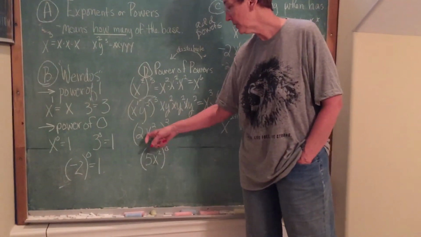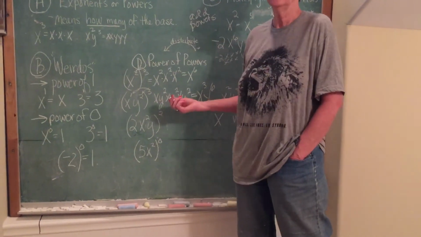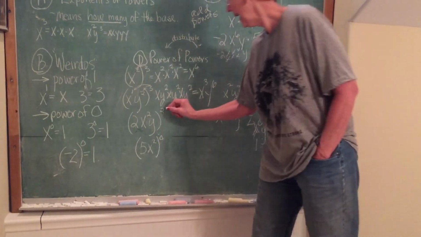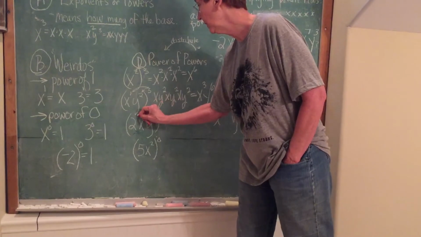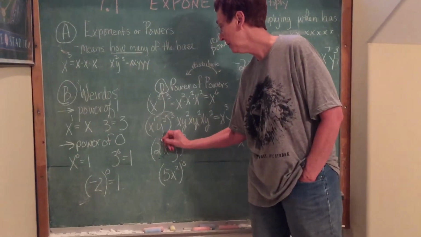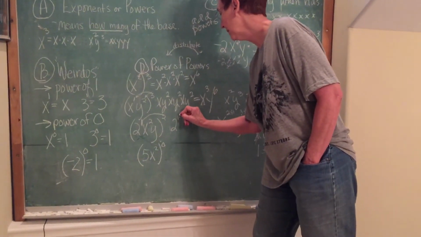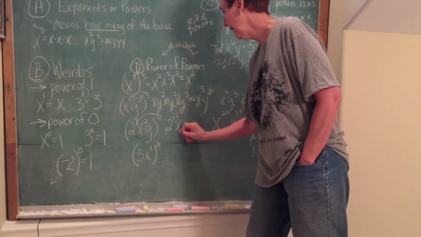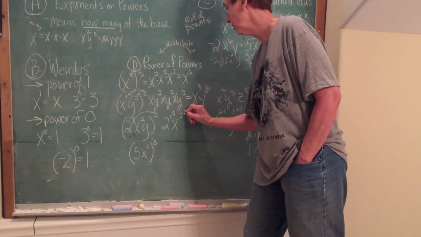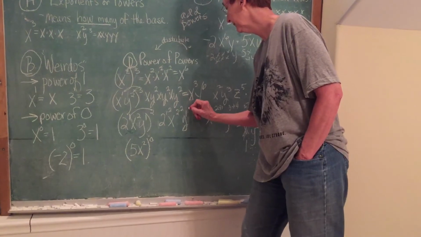If I have 2x squared y, all in parentheses to the 2nd power, let's try to use my shortcut. I'm going to take the 2 and distribute it to the power of the 2. Well, what is this one's power? Remember, it's an understood 1. So that'll be 2 to the 1 times 2, and then x to the 2 times 2, and y, remember, it has an understood 1.